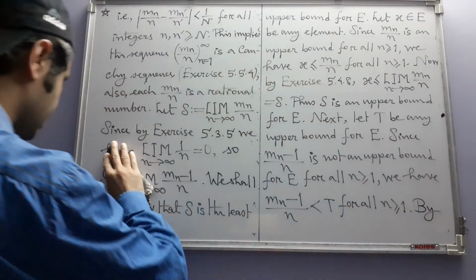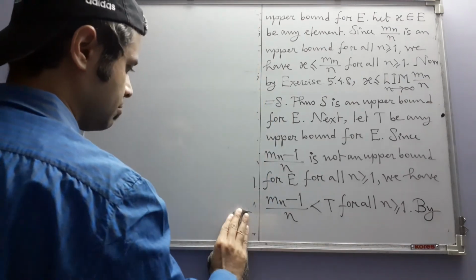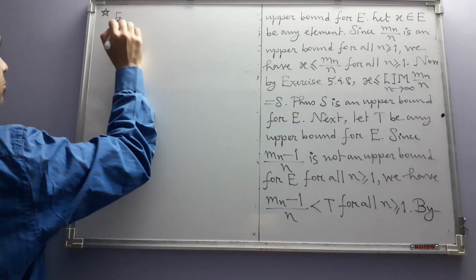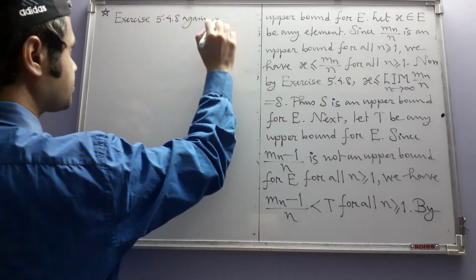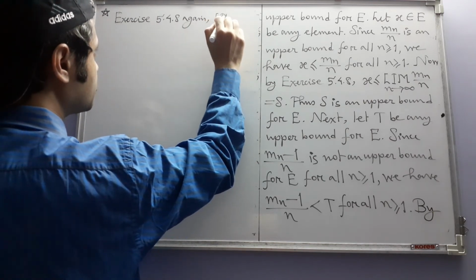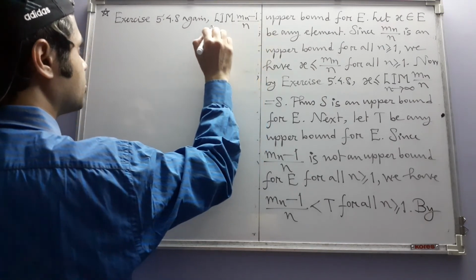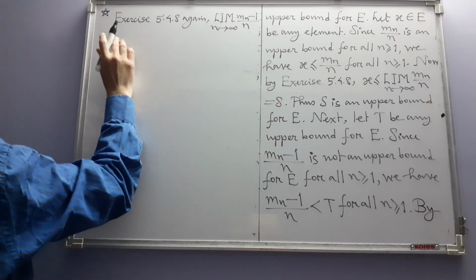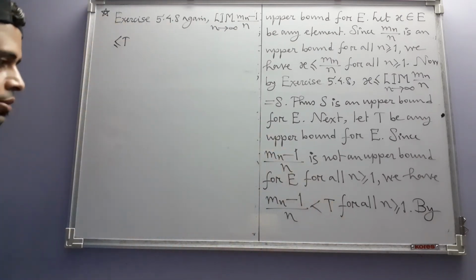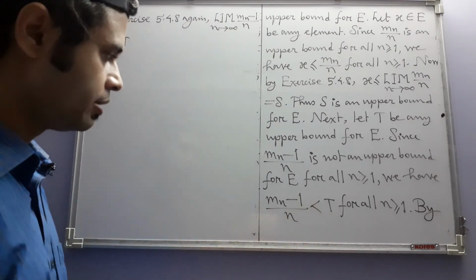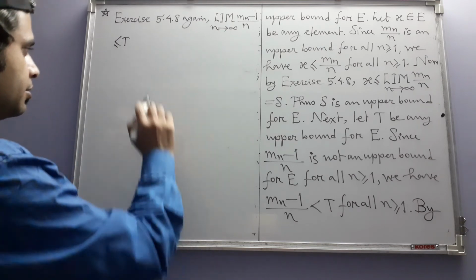But then by exercise 548 again, the formal limit of this sequence Mn minus 1 divided by n must be less than or equal to T. Note carefully that according to this exercise, although we have strict inequality here, once we take formal limit, all we can say is that it's less than or equal to T. We cannot claim that here also we have strict inequality.